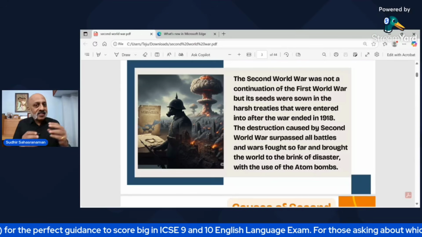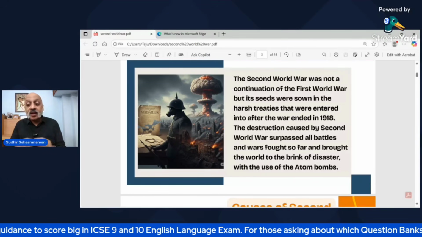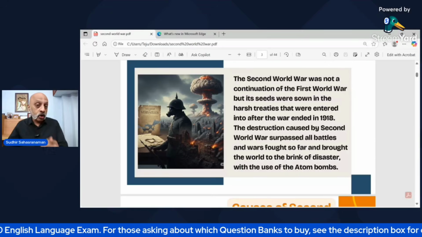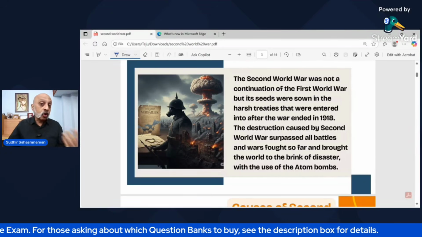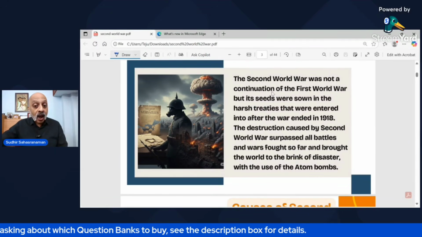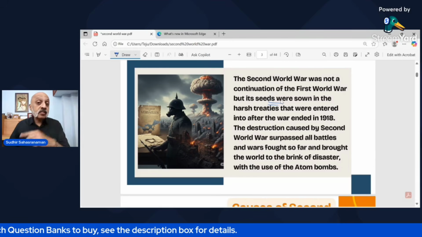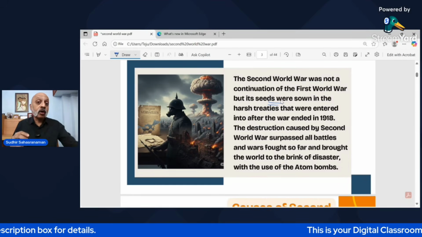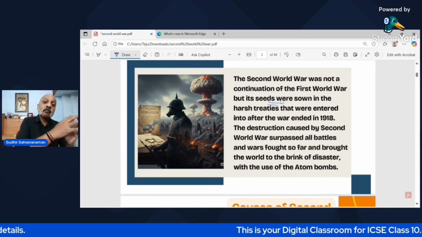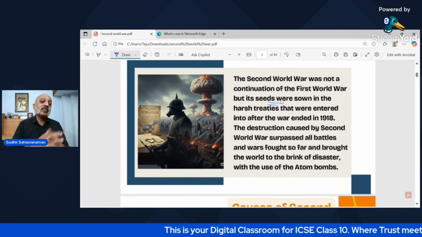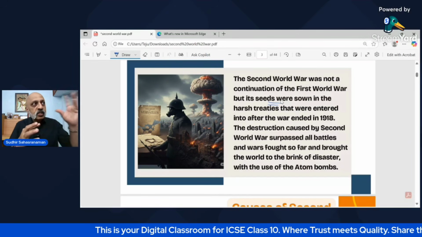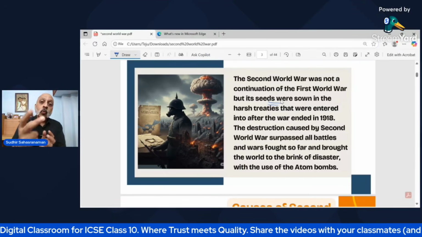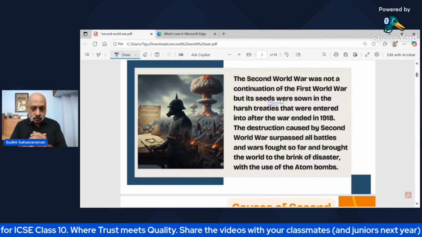So are we to understand that this was in some way a continuation of the First World War? No, not exactly. It was not really a continuation. However, many of the reasons for the start of the Second World War actually came from the consequences of the First World War. The First World War did something which contributed to the Second World War within 21 years.